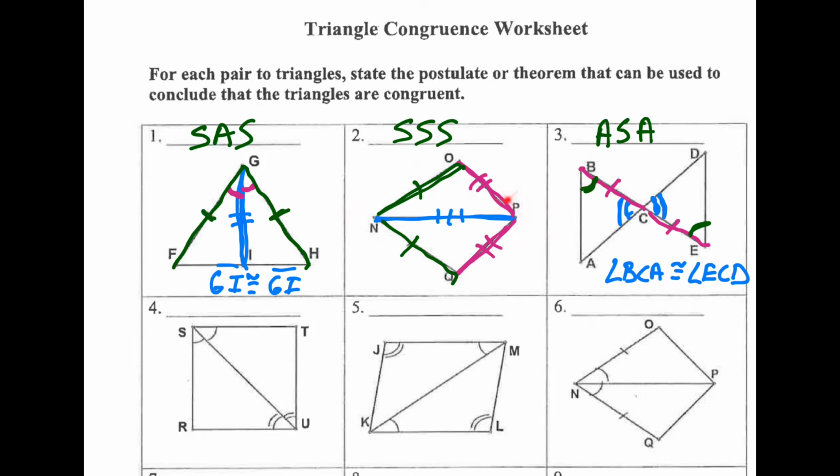You're going to have to watch out for the reflexive, because that's going to be some invisible information. You're not going to see tick marks about that. And you're also going to have to look out for these vertical angles. So go ahead, see if you can go through the rest of these and figure them out. I'll post the answer key for this, although we will talk about some of them when you resume the video.